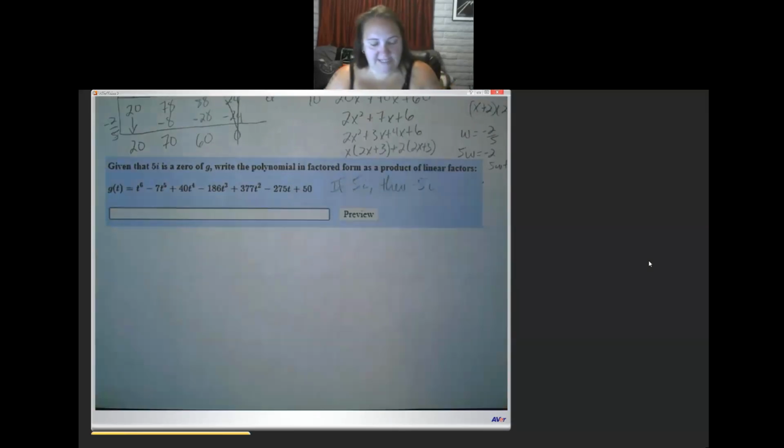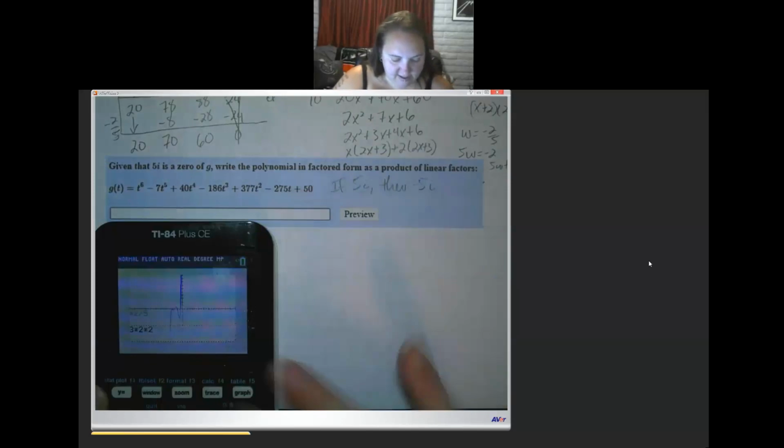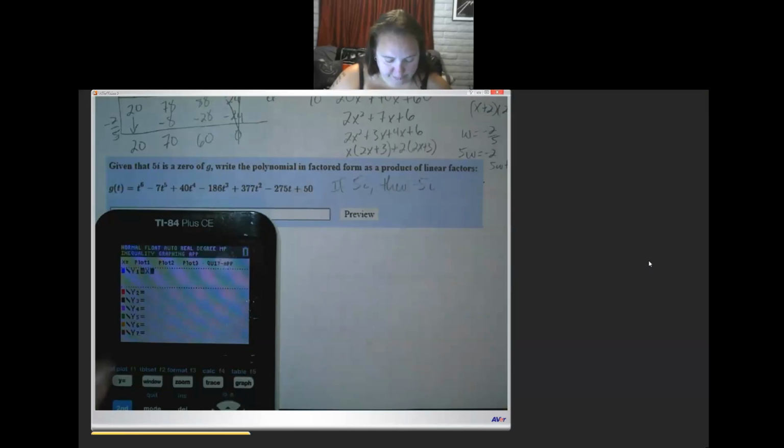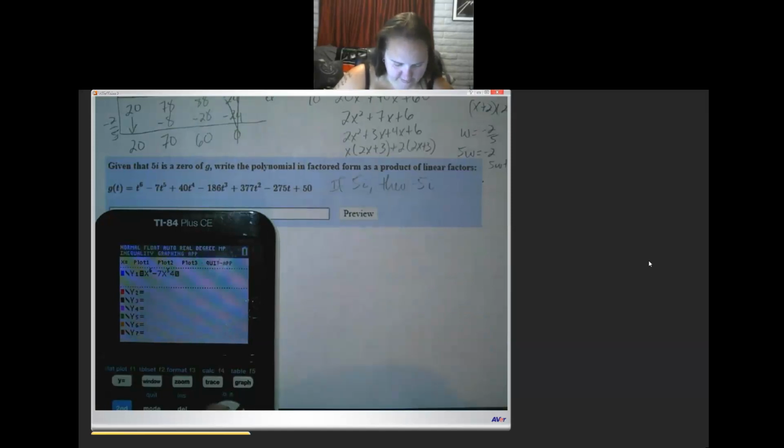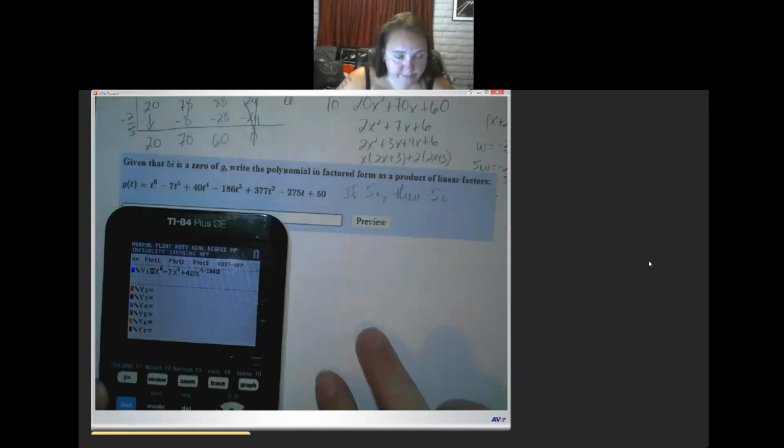Now, I am going to take the step to graph this to see if I can get any other zeros from the graph. So x to the 6th, 7x to the 5th, plus 40x to the 4th, and maybe 6x to the 3rd. Oops.